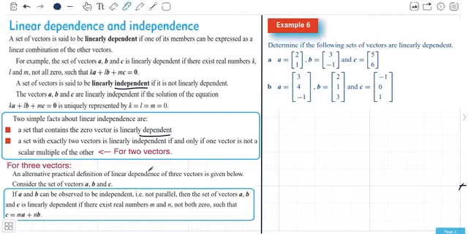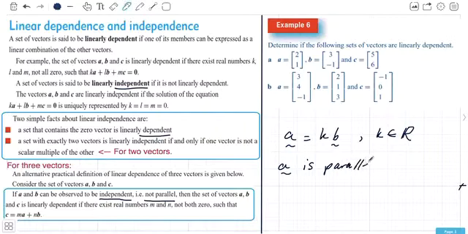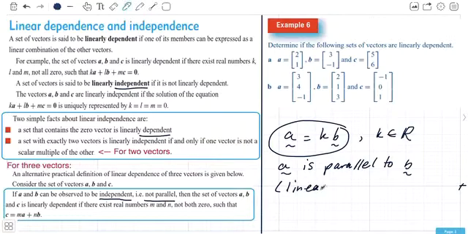So if you have 3 vectors, look for 2 vectors that you believe to be independent, i.e. not parallel. And actually I didn't say this before, but remember that if one vector is a scalar multiple of the other, so k is a real constant, this means that A is parallel to B. That's what this expression means. So when we talk about dependence, linear dependence actually means that the 2 vectors are parallel. Independent vectors are not parallel.